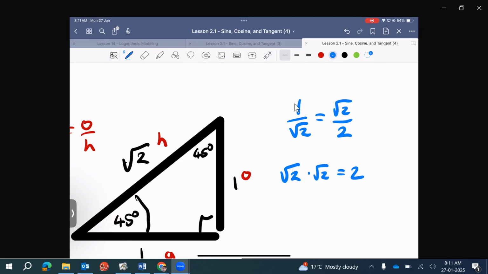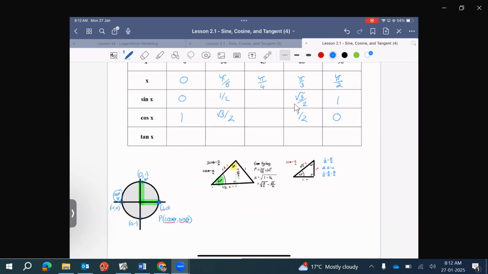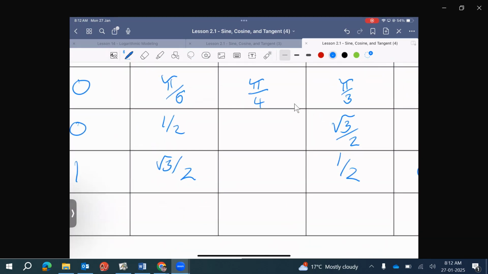So what she's doing is she's taking 1 over root 2, multiplying by root 2 over root 2, which is just 1, giving root 2 over 2. All right, let's pop those last ones in. So this one is root 2 over 2. This one is root 2 over 2.